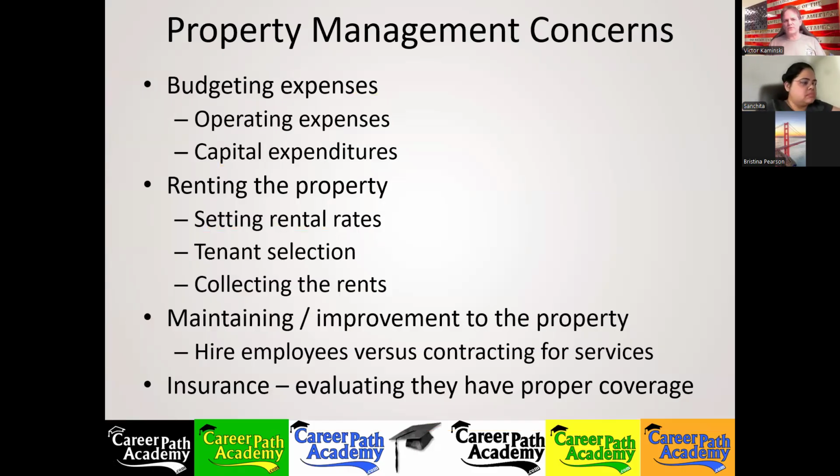And we can be tasked with budgeting expenses, renting the property, maintaining and improving the property, maybe even evaluating the insurance that the property owner has on their property. Make sure they have proper coverages, not too much of this insurance, not enough of this insurance. As a property manager, we're not expected to be insurance experts, so we could get an insurance expert to come in and analyze it, though.